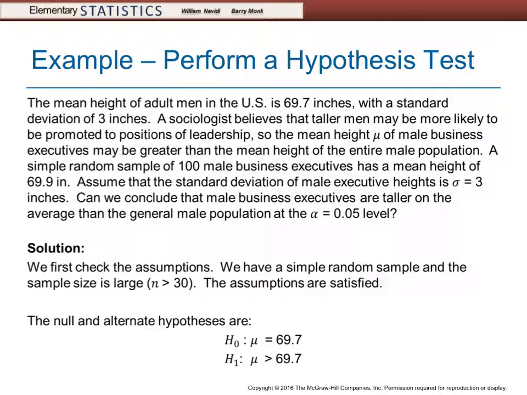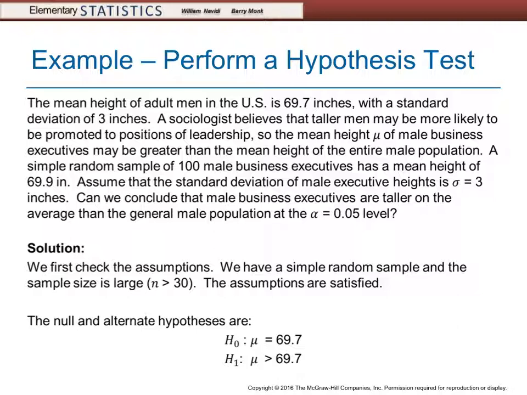So, the mean height of adult men in the U.S. is 69.7 inches with a standard deviation of 3 inches. A sociologist believes that taller men may be more likely to be promoted to positions of leadership. So the mean height mu of male business executives may be greater than the mean height of the entire male population.